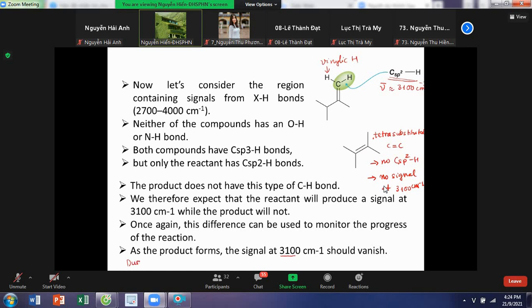So during the reaction, we can notice the decrease.